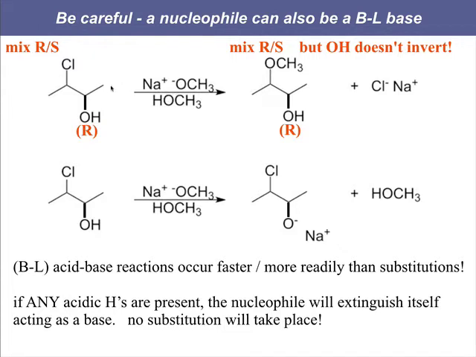The substitution is not occurring at this carbon in this hypothetical reaction; the substitution is occurring at this carbon, which I've drawn as a straight line. Remember that a straight line indicates that we are not specifying whether it is R or S, which then implies that it is both. There's a mixture of R and S molecules here.